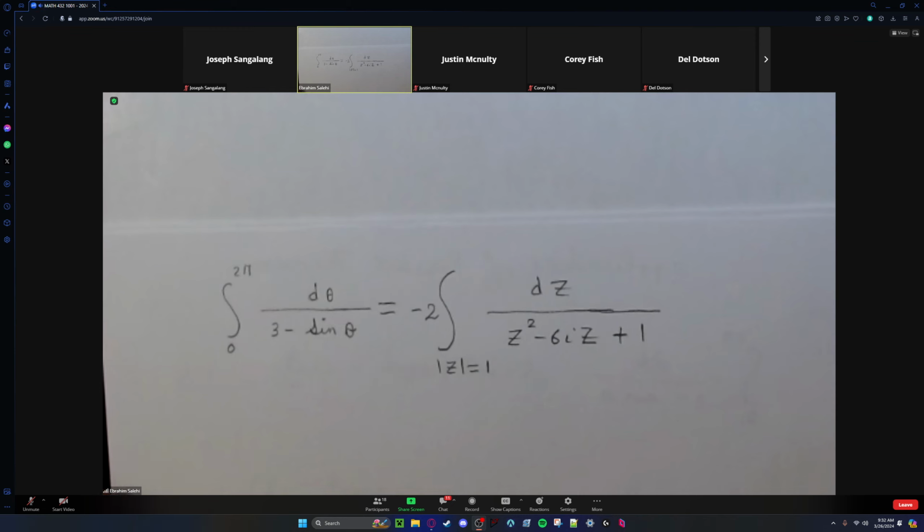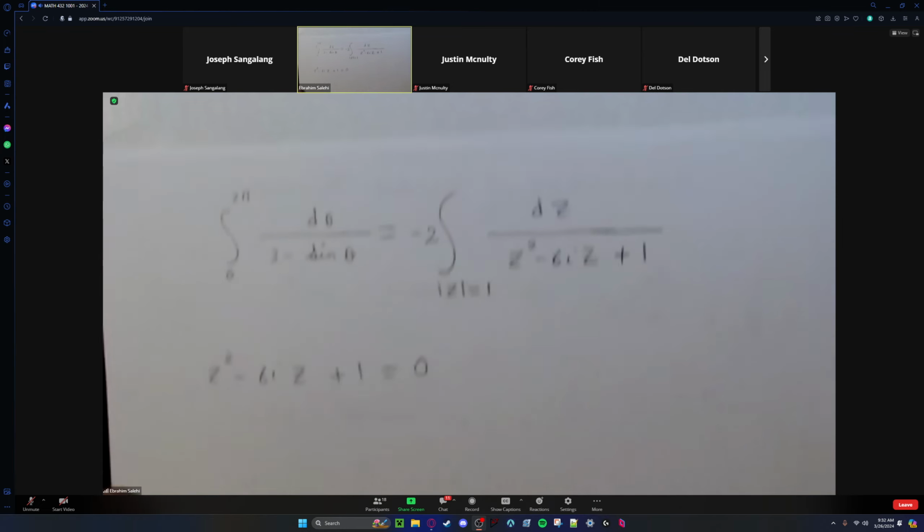All right. In order to use the residue theorem, we need zeros of the denominator. Let's find out what those are. So we have z squared minus 6iz plus 1 equals 0.